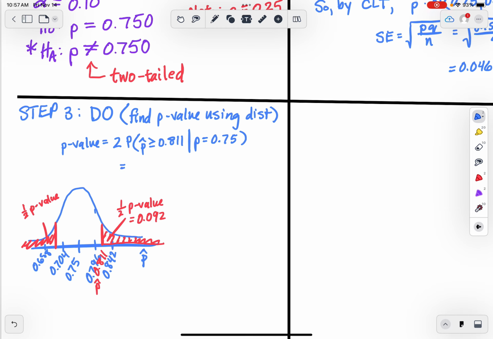So that's going to be 2 times 0.092 or 0.184. And so now I have my p-value, and this is the information that I'm taking with me to the final step.